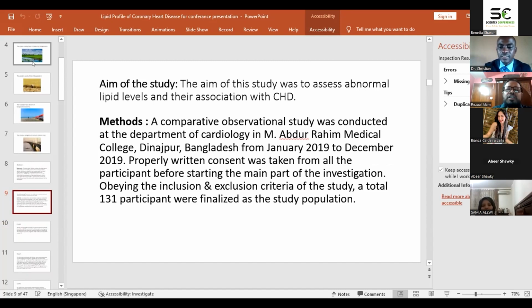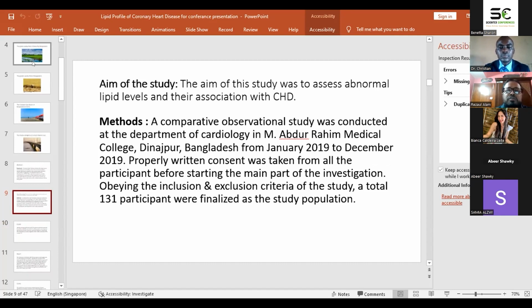The method. A comparative observational study was conducted at the Department of Cardiology in M. Abdur Medical College, Dinajpur, Bangladesh, from January 2019 to December 2019. Properly written consent was taken from all the participants before starting the main part of the investigations.